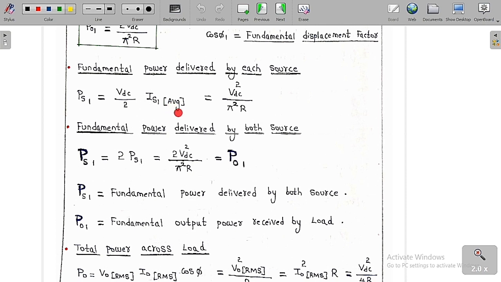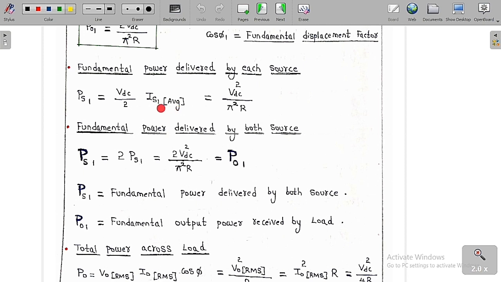So therefore we can say that here VDC by 2 into the average value of the fundamental component of the source current.